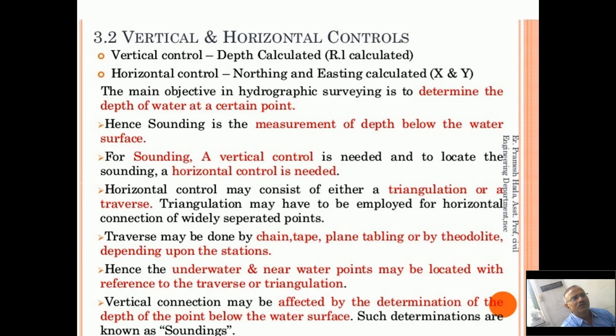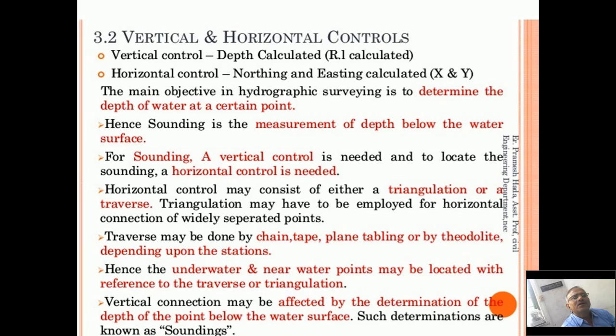Ultimately you are getting the depth, so that depth is to be mentioned in terms of the reduced level or the elevation. So vertical control is for the depth calculation, and the horizontal control may be in the form of x and y coordinates, or in the form of well defined points.